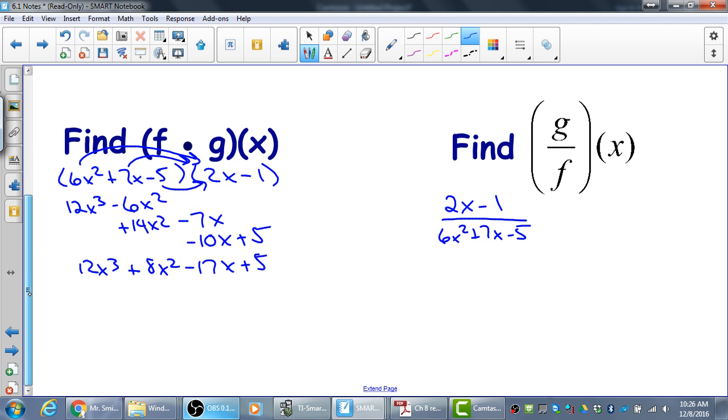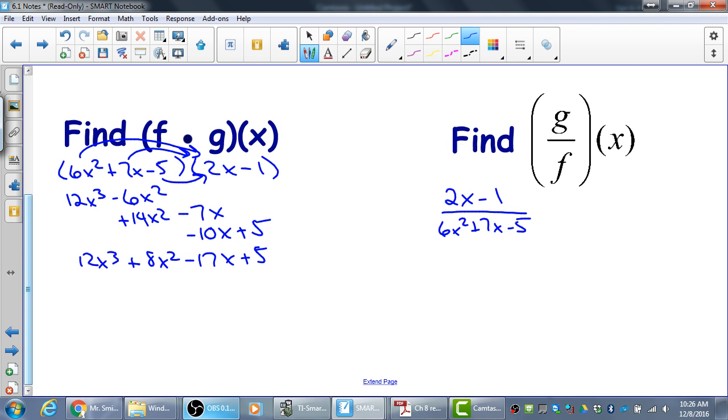Now, what we have to look at here is does that factor? Actually, I don't know if it factors. Let's find out. 10 and 3. Yep, I think it does. There's a good chance it's 2x minus 1 and x plus, oh, wait. That'd have to be a 3. That'd have to be a 5, right?